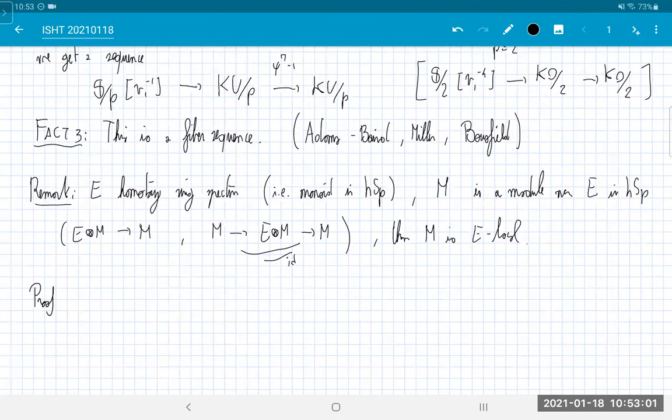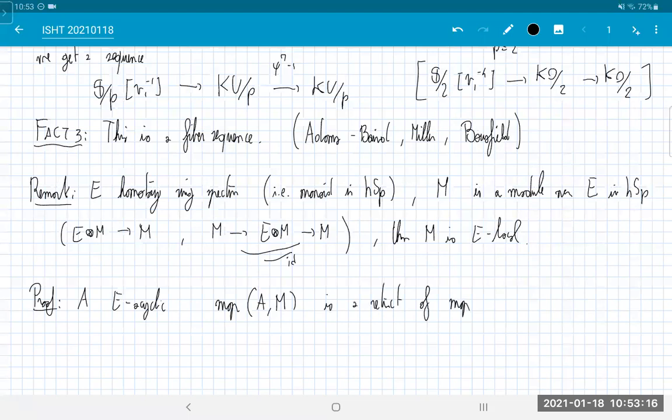So the proof is, let A be acyclic, then map A comma M is a retract of map E tensor A comma M, which is 0.